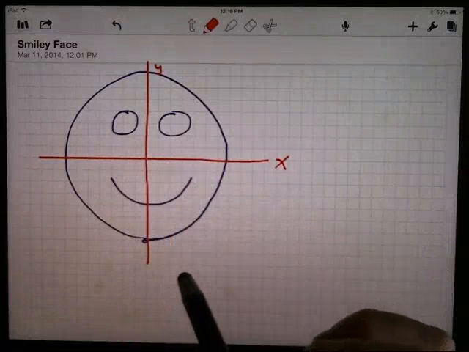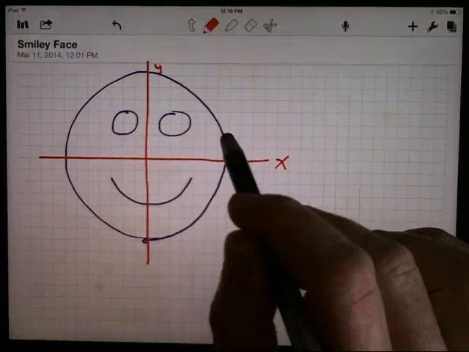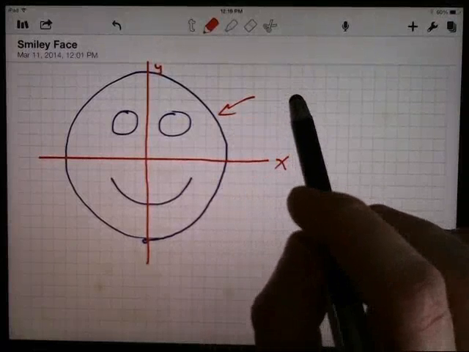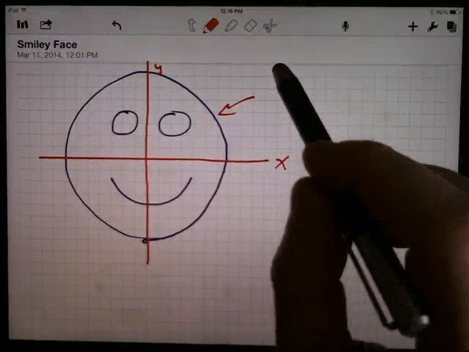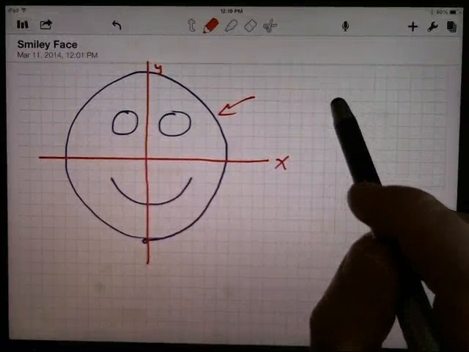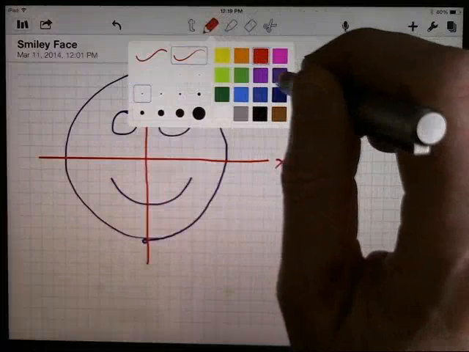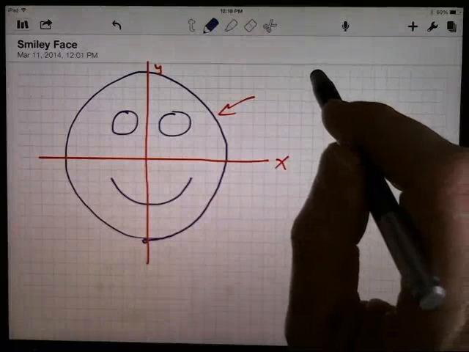Okay, so let's do the outside circle first. The outside circle here looks like a big circle. Now I can just say, well, I know how to do circles, or I can say, well, maybe I can't remember how to do circles.